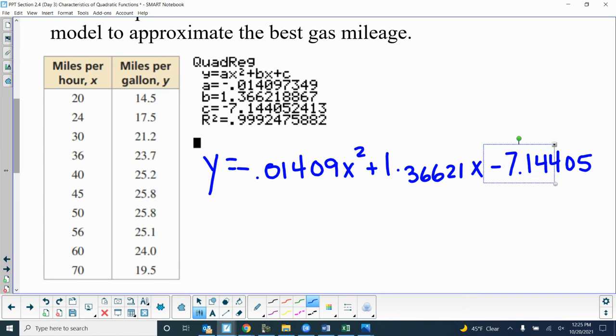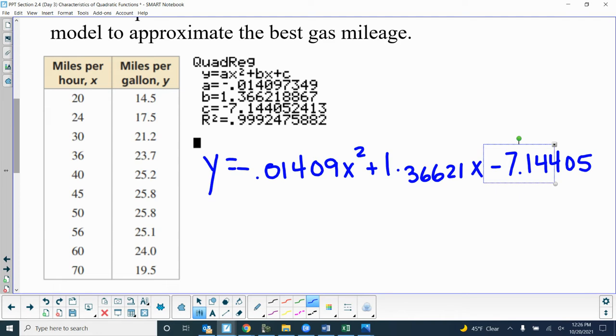So, any questions about the equation? All right. Anybody's calculator not get that? Okay, if you didn't, just check your data. All right, now, this says find the best gas mileage.